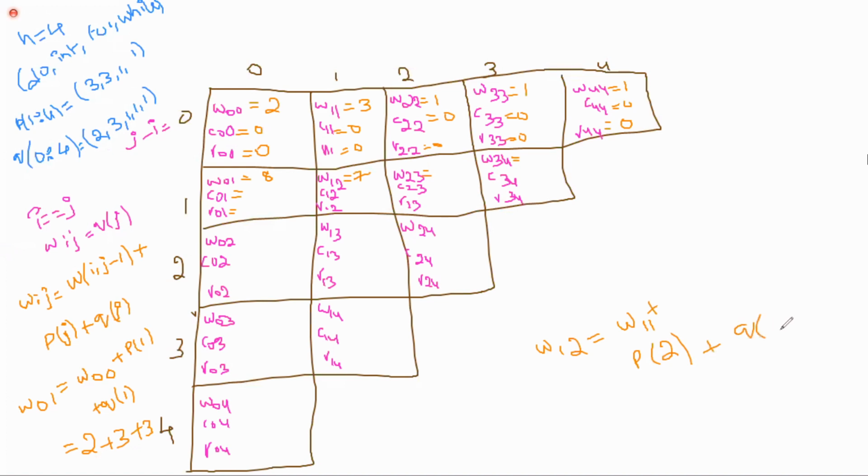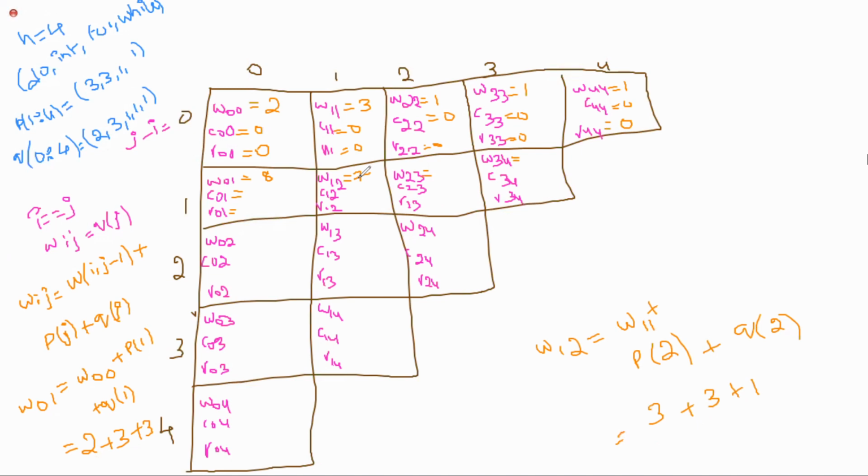P of 2 is 3. So W11 value is 3, P of 2 value is also 3, Q of 2 value is 1. 3 plus 3 is 6, 6 plus 1 is 7. Got it? Say yes or no.